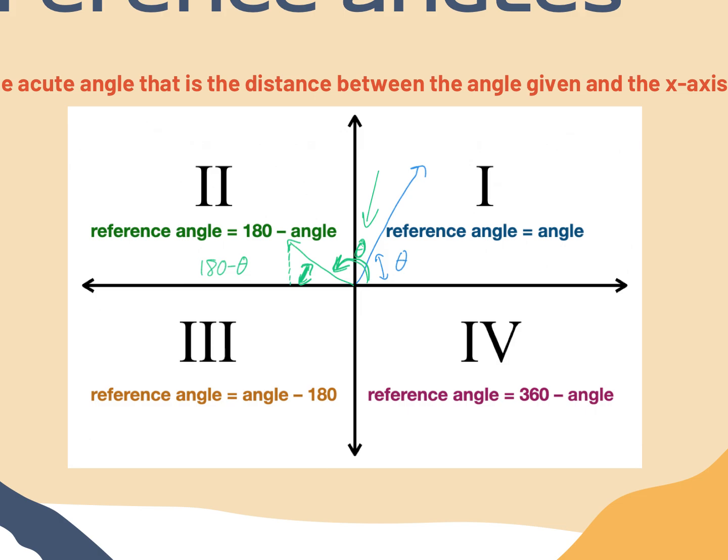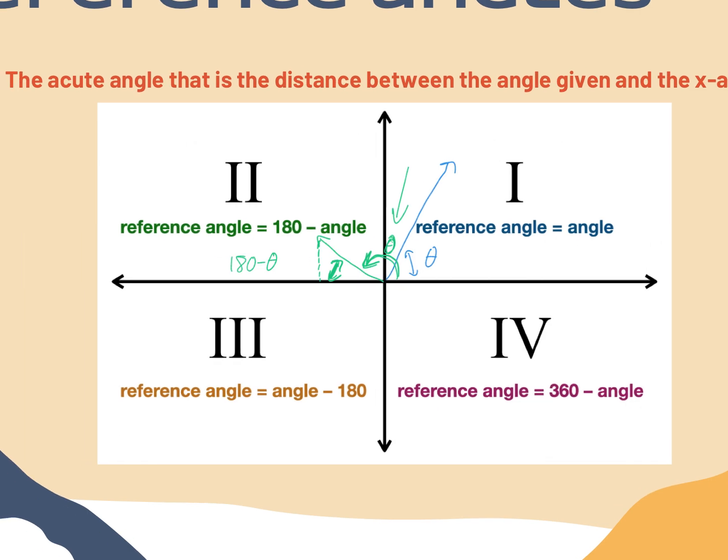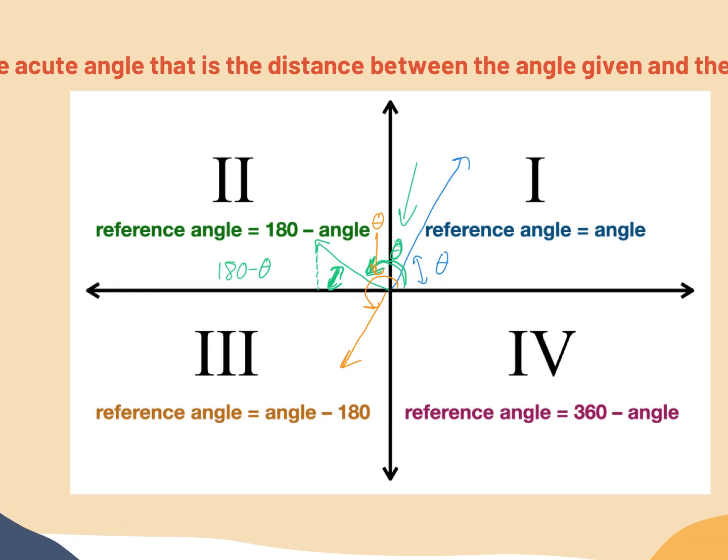So another thing that we do in the third quadrant, let's say I have an angle right here. Instead of going all the way around, this whole thing is my angle theta. Well, the distance from this angle to the x-axis is just going to be this little space right here, and to find this it's just going to be your angle minus 180 degrees.